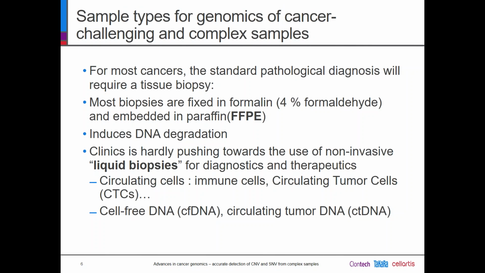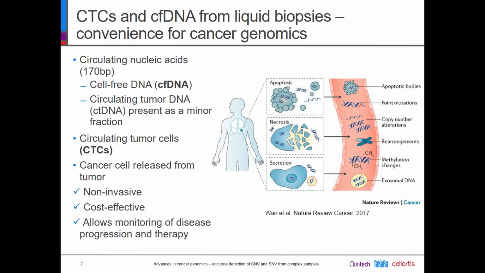Like for example, cell-free DNA, abbreviated cfDNA, or circulating tumor DNA, so DNA released from circulating cancer cells, abbreviated here as ctDNA.